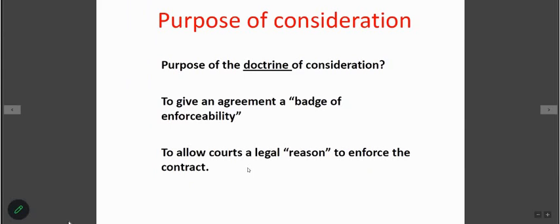So this gives a court a legal reason to enforce, right? That means when you sign a contract, there must be the correct terms and conditions according to what you expect, and the client is happy with the contract that both of you agree. Then it can be considered a so-called legal contract, right?